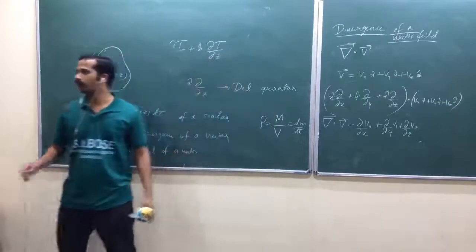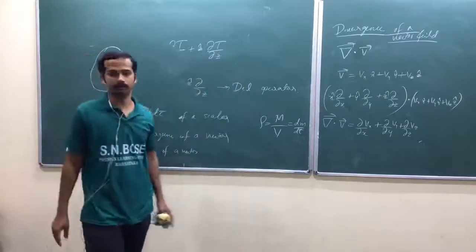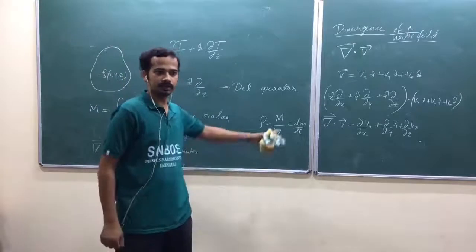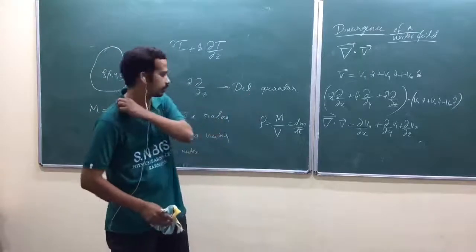Again, I have to define what is flux. I tried to define it in the morning. What is this one? That is volume density of outward flux. You will understand this one after a couple of classes.